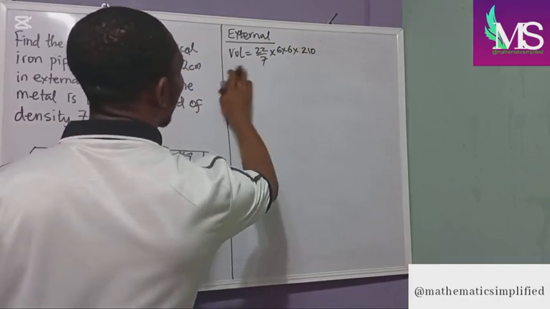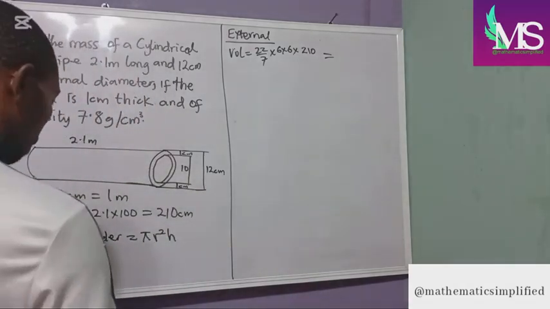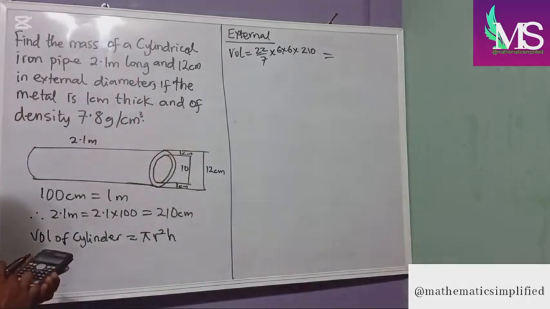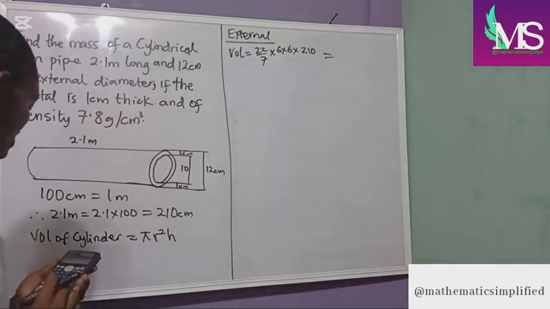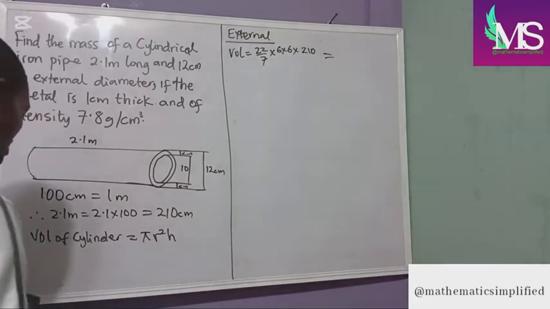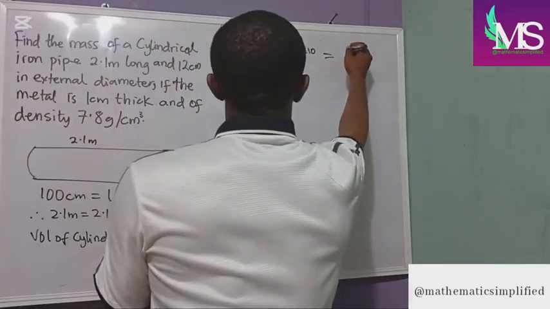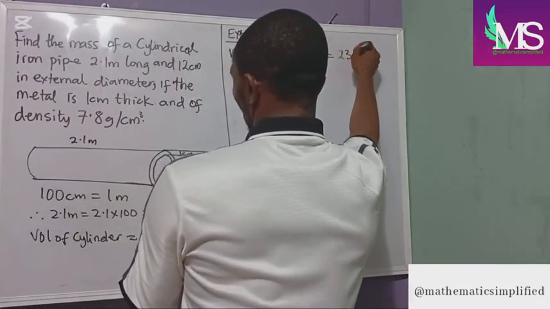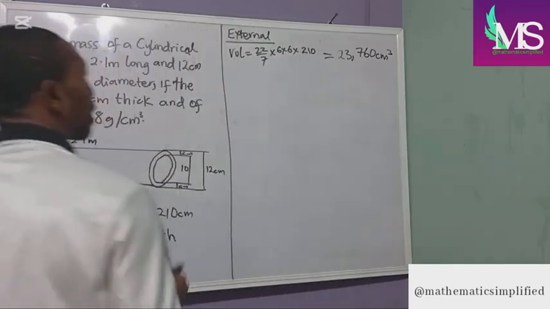Okay, if we solve this out, we would have 22 divided by 7 times 36 times 210. We are having 23,760 cm cube. That's for the external.